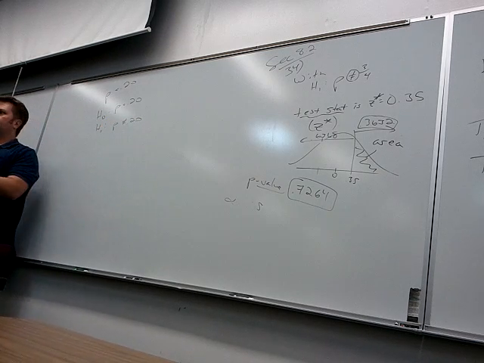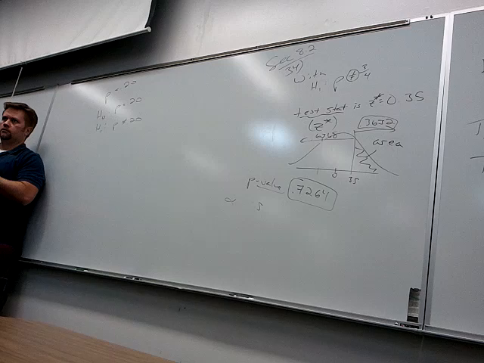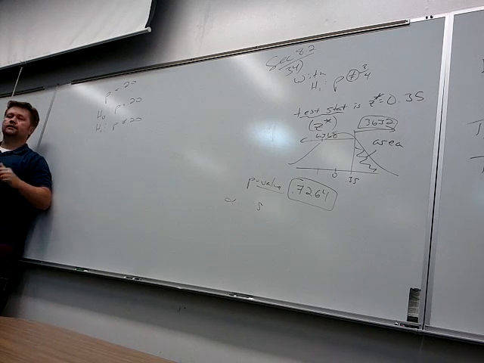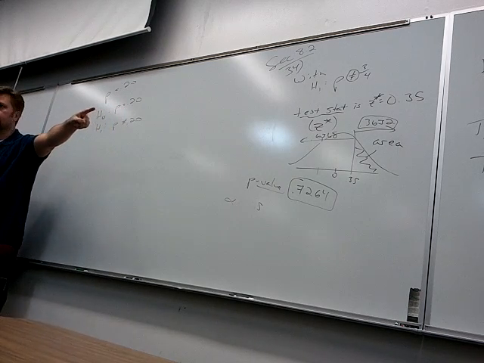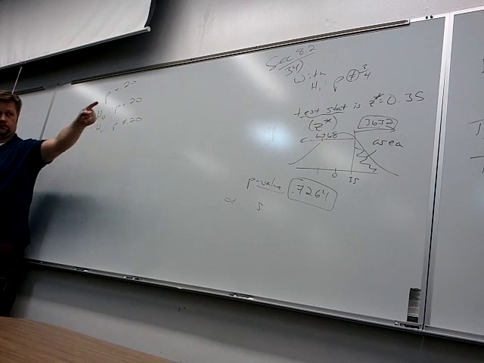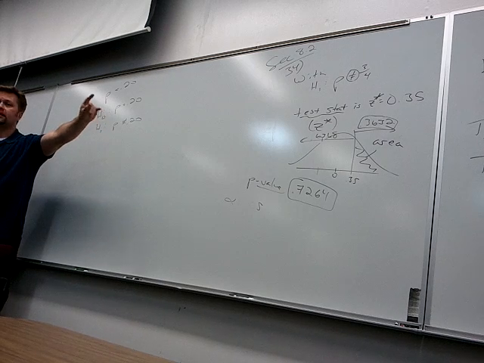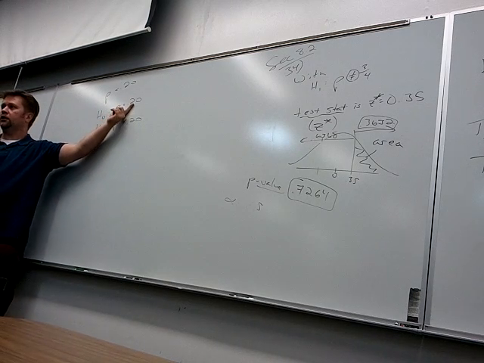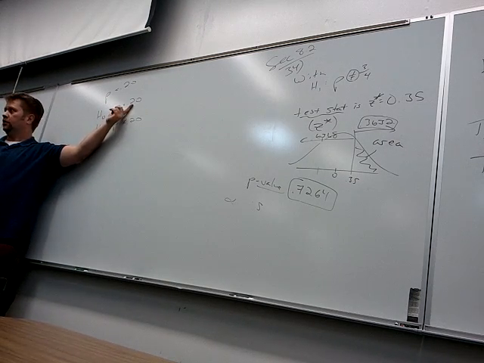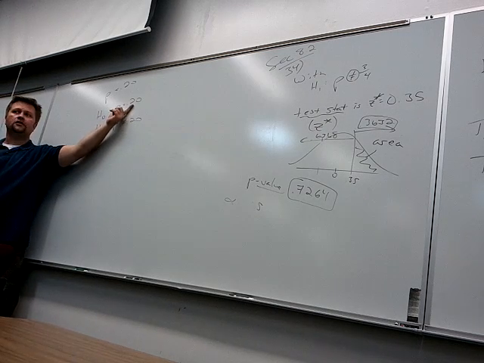What's a type 1 error that you could make? Type 1 would mean you reject this when really it's true. So you find evidence that this is false, you reject this, when really, in reality, it's true.